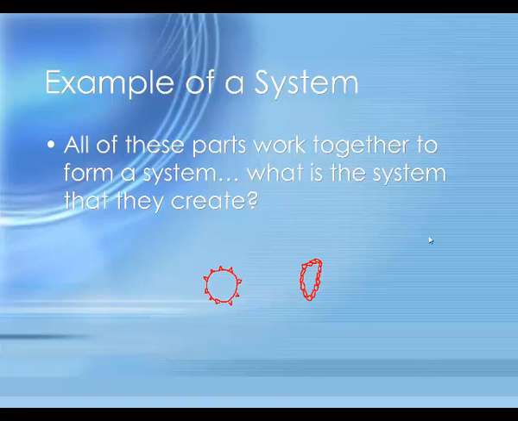Luke? Water cycle. The water cycle? Good guess, but no. We already said solar system, not the solar system. Not the nitrogen cycle. Not the ozone layer. Alright, let's continue on. Next part to our system.